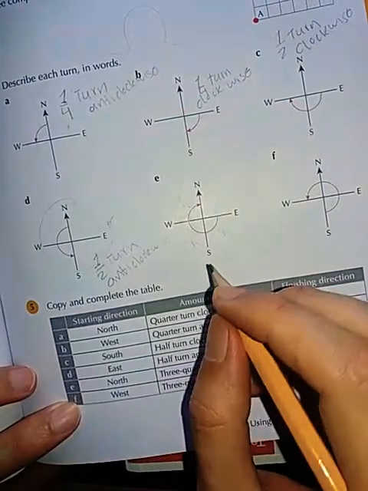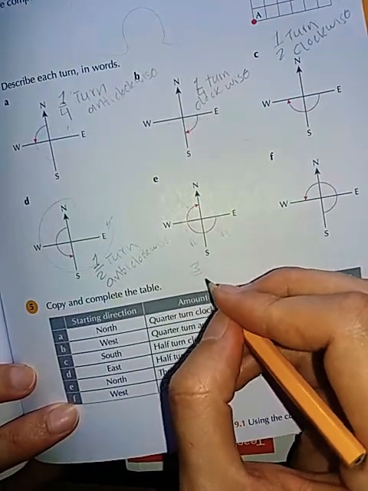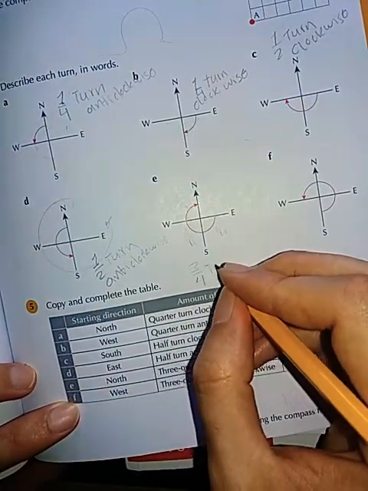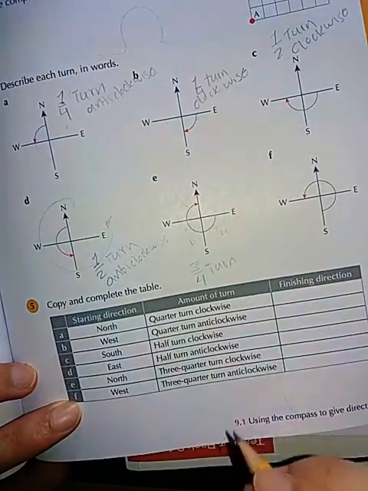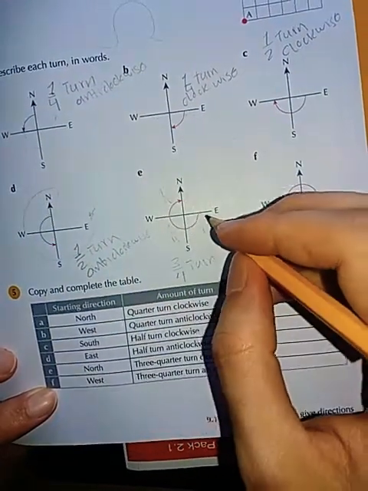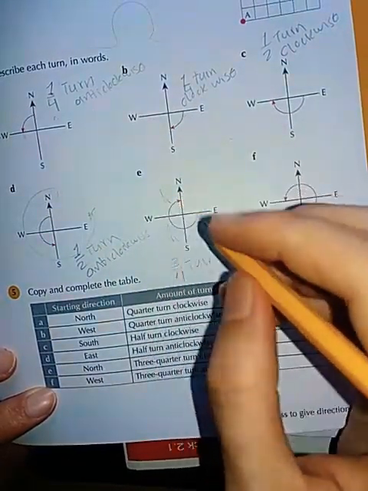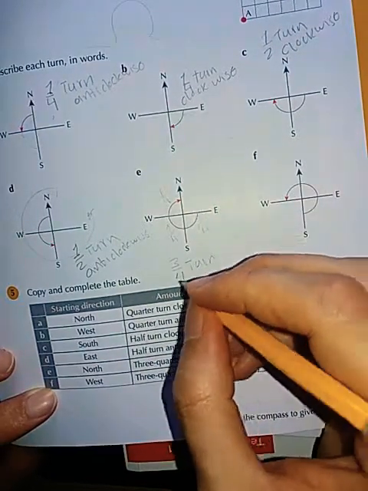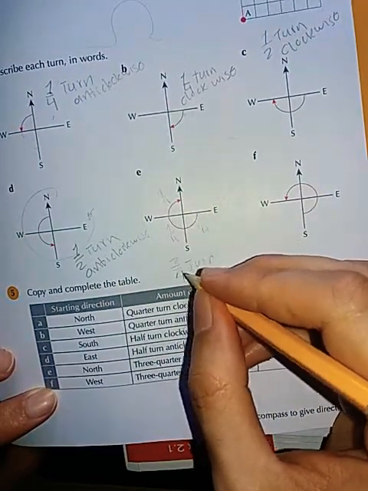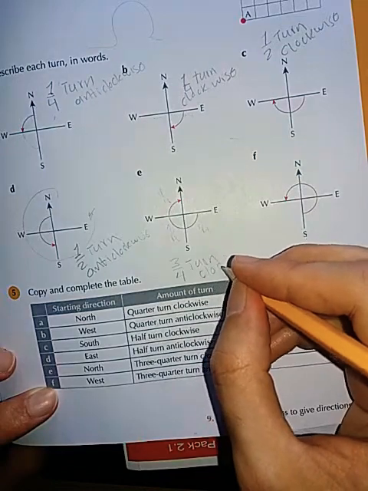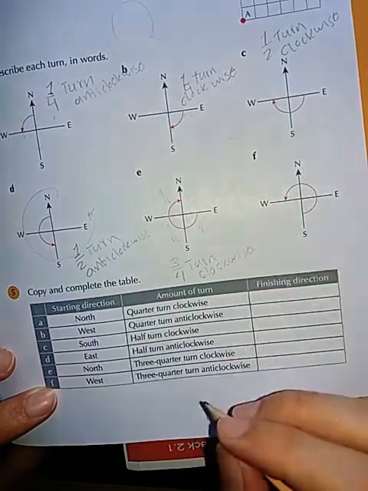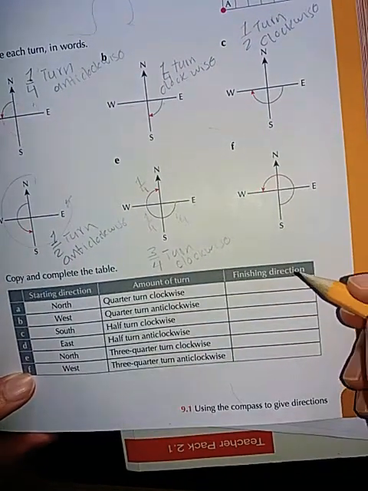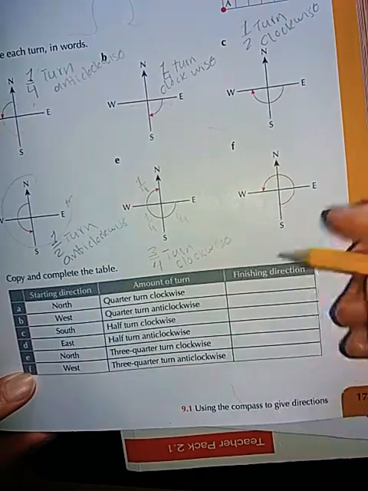So our movement here is 3/4 turn. In what direction? It's clockwise. So 3/4 turn clockwise.